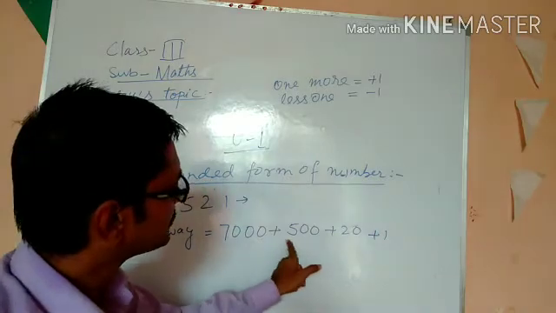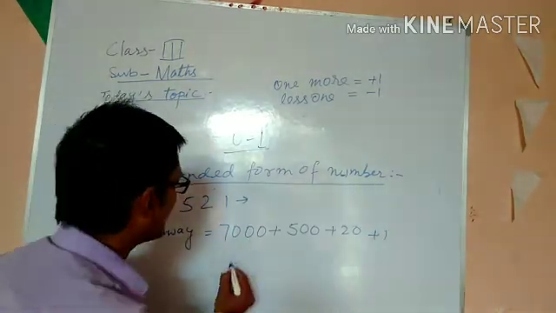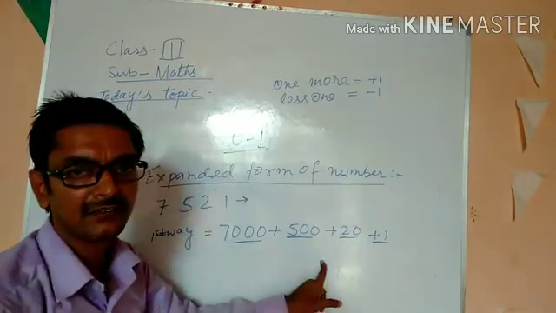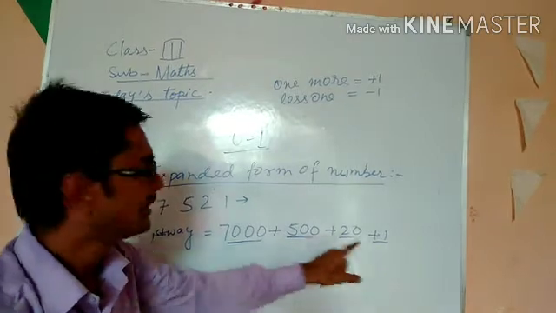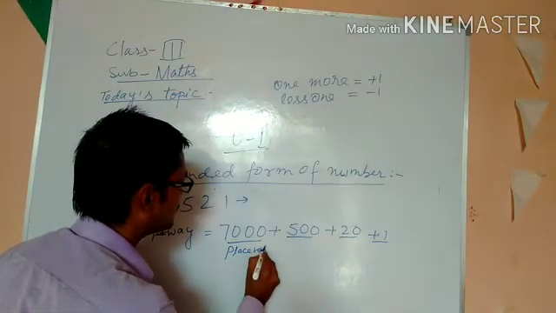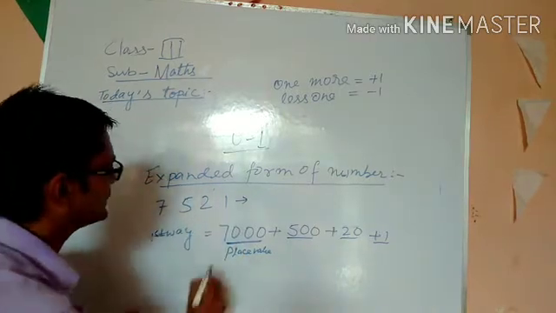Where you got 7000, 500, 20 and 1, each of these is the place value. As you can see here, 7000 is the place value of 7.